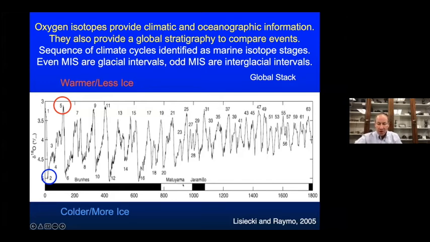The black and white bars along the bottom are the measures of the polarity of the Earth's magnetic field, and document when it has reversed. That's not so relevant to climate, but it tells us a little bit about the time scale here.